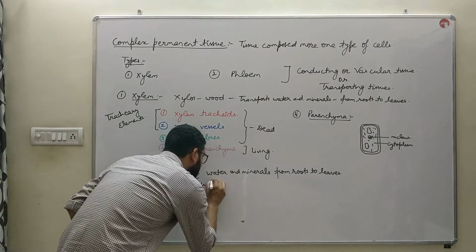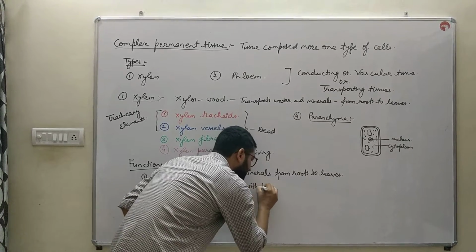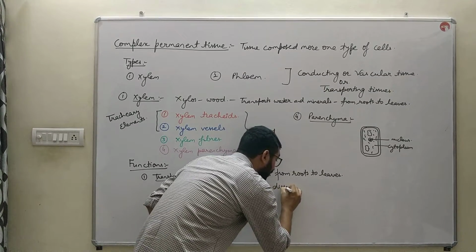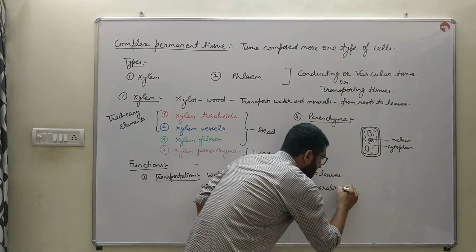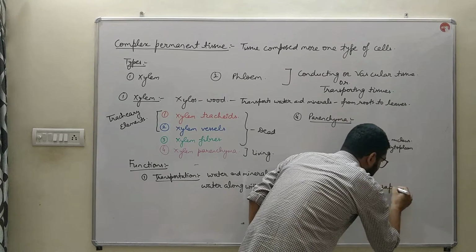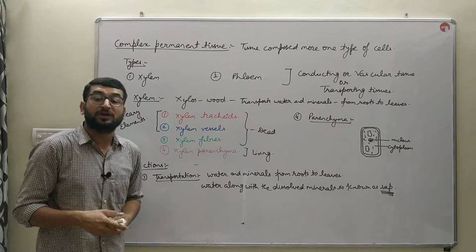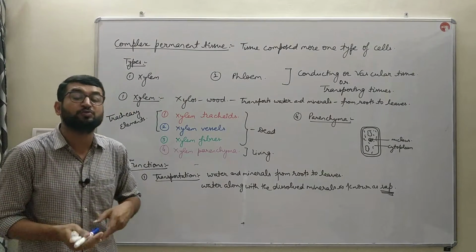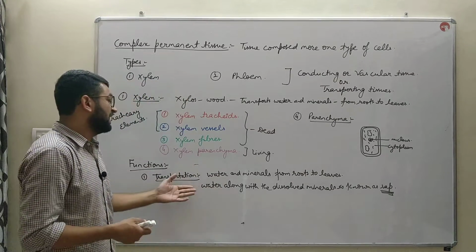Water along with the dissolved minerals is known as sap. So if someone asks you what is sap, the water along with the minerals which is to be transported from the roots to leaves is known as sap.